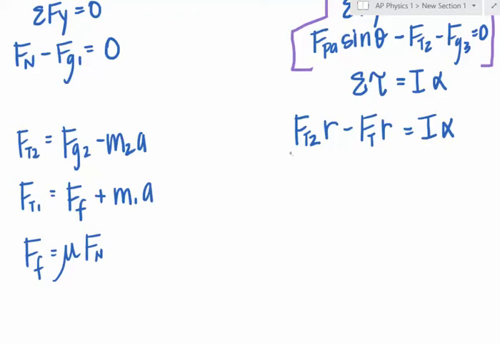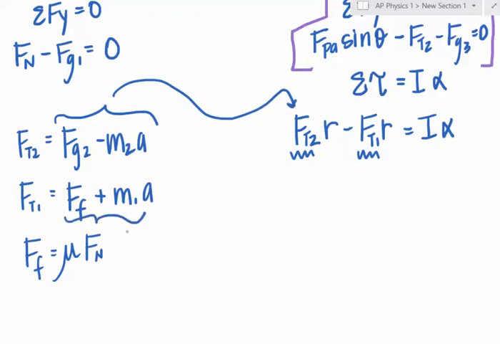Okay. So let's substitute our FT2 and our FT1 into these equations. So this whole thing is going to come over here, and this whole thing is going to go right there.